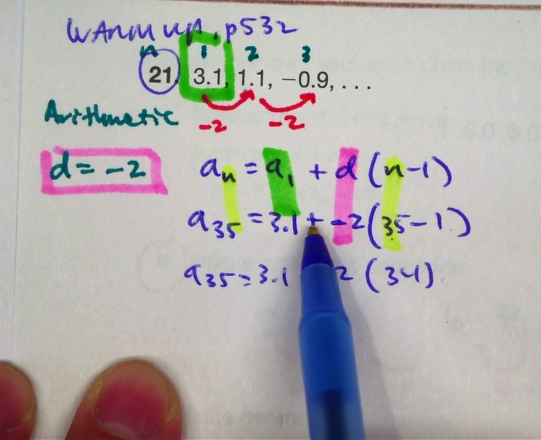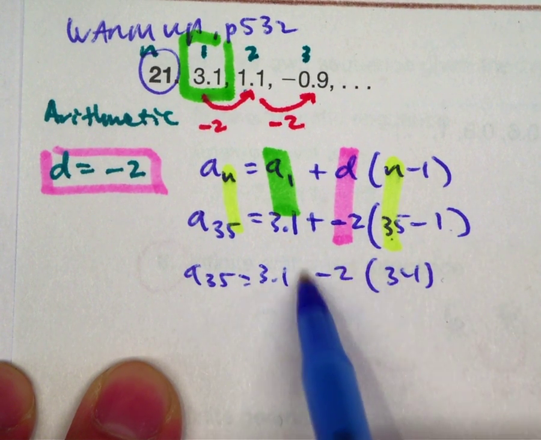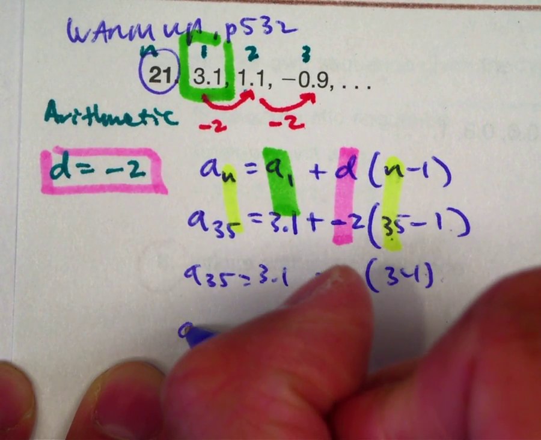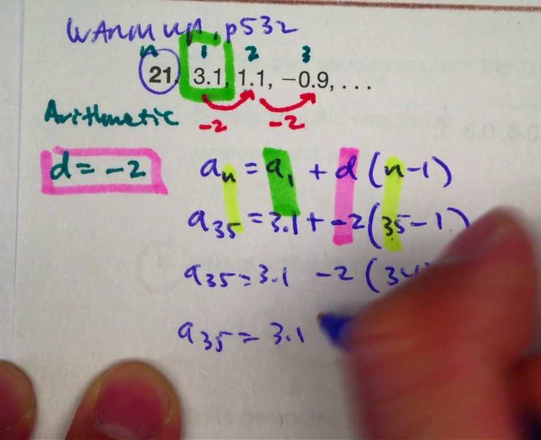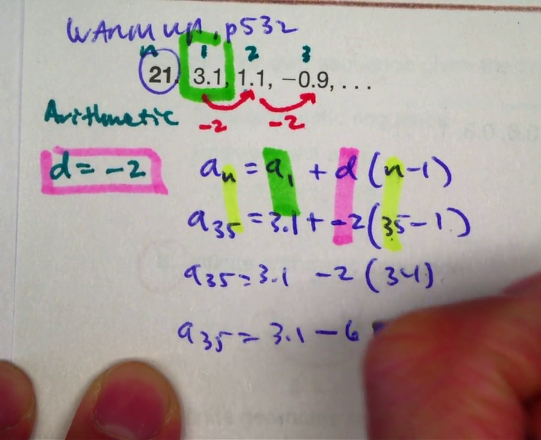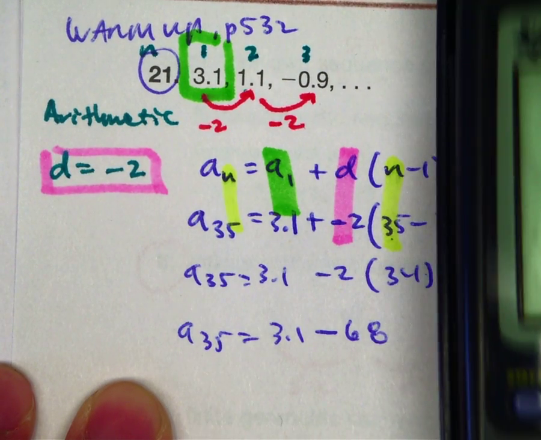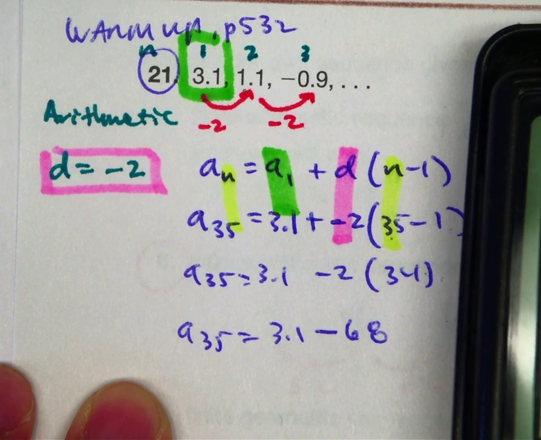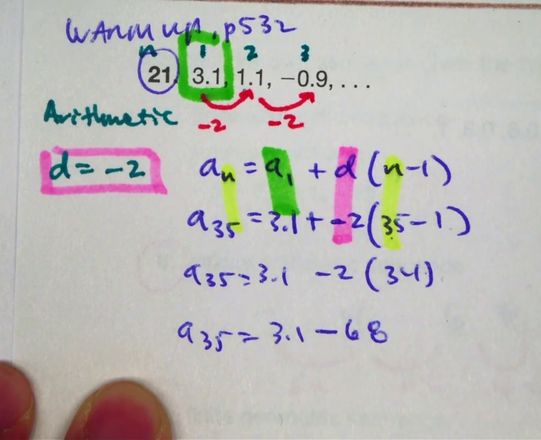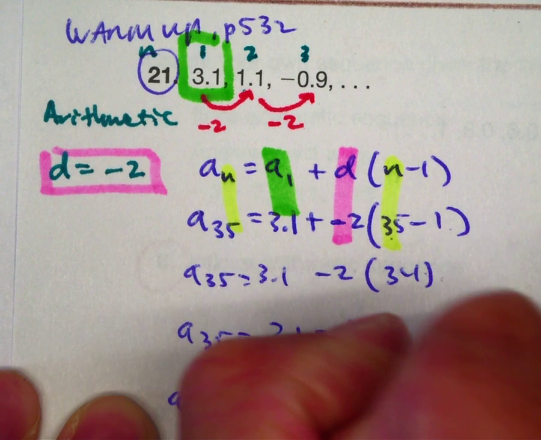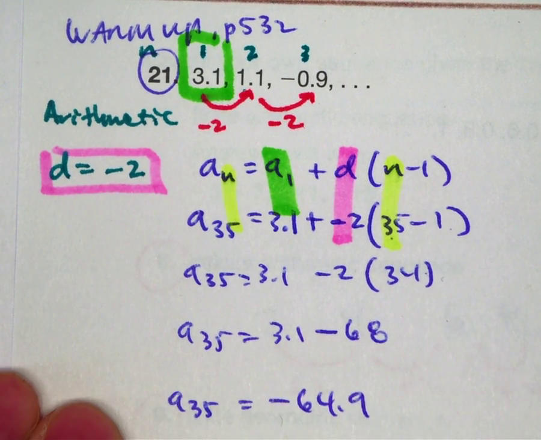Remember, we never write a plus negative, so that would just be a minus. So now I'm going to do -2 times 34, which gives us what? -68. And I'll just put in my calculator, 3.1 minus 68. And the 35th number in our list is going to be -64.9.